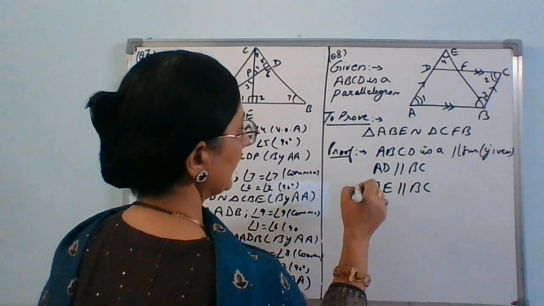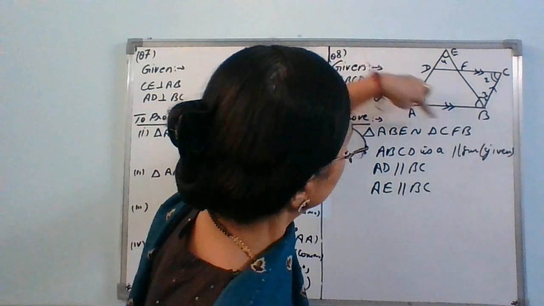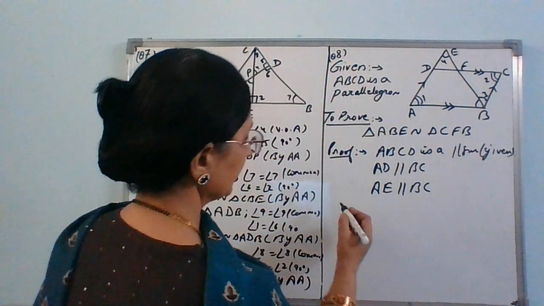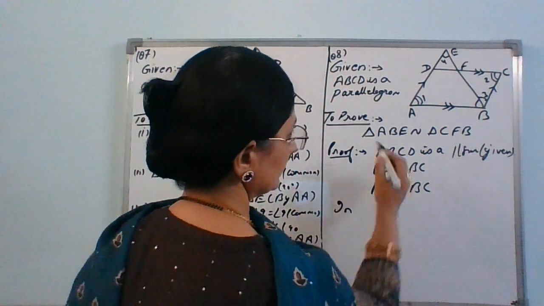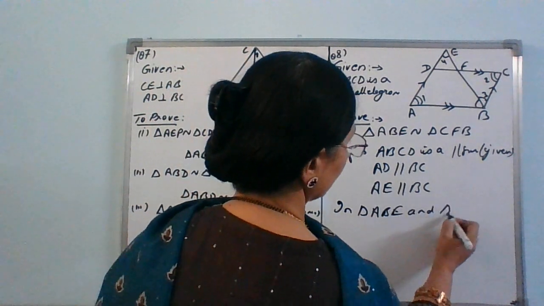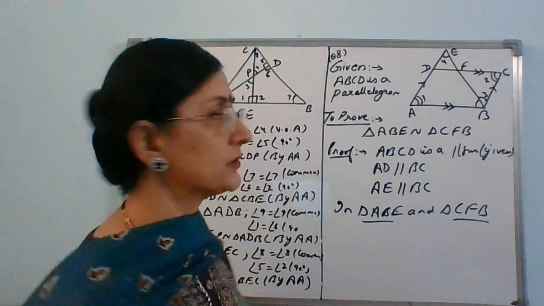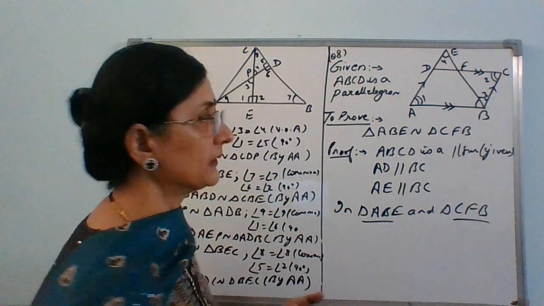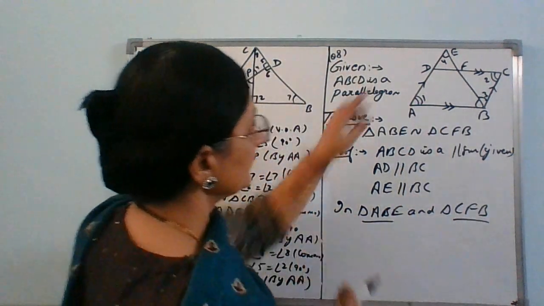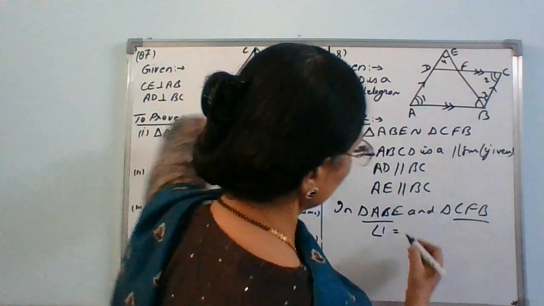Now, we have to prove triangle ABE, this bigger one, and this smaller one on this side, similar. So let us consider these two triangles. In triangle ABE and triangle CFB, which we have to prove similar, let us see what things are equal, what are the criteria, angles or sides. Here in ABE, angle 1 is equal to angle 2, right?